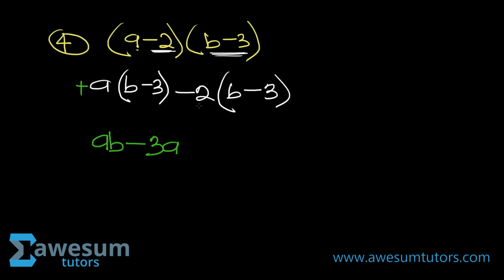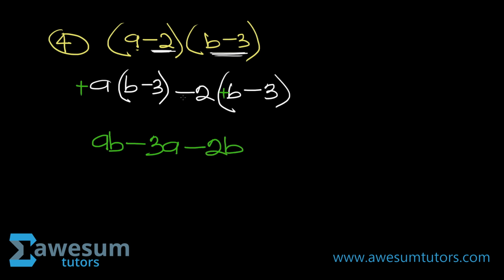Very good guys. Now negative 2 times b. We want to open up this bracket, and we know that b also means positive b, right? So negative times positive is going to give us negative. 2 times b is going to give us 2b.